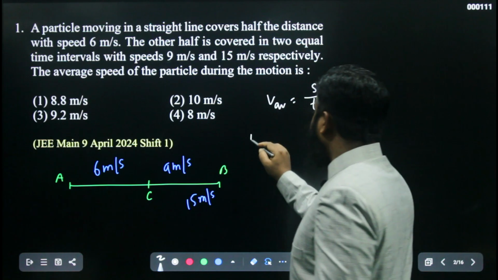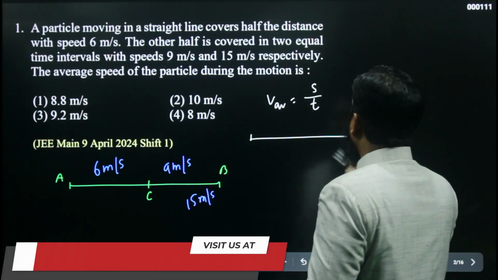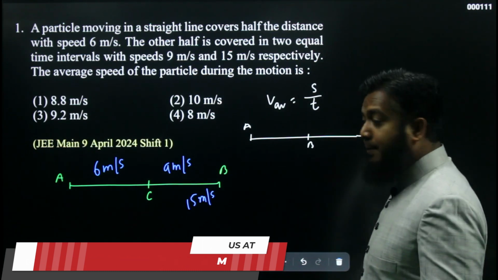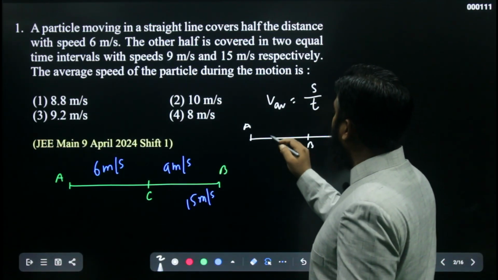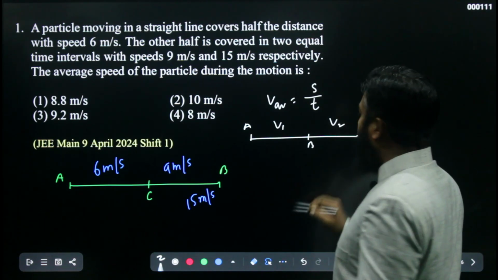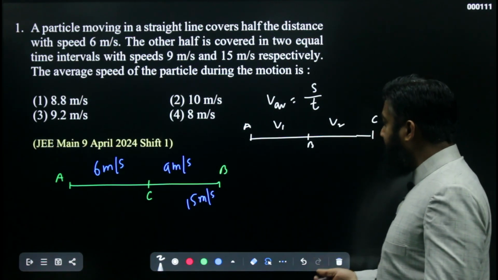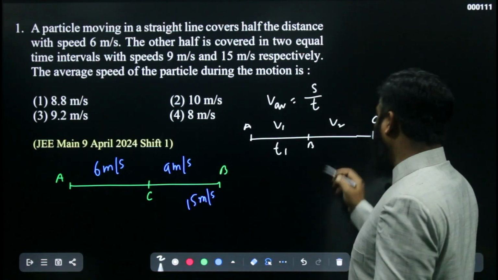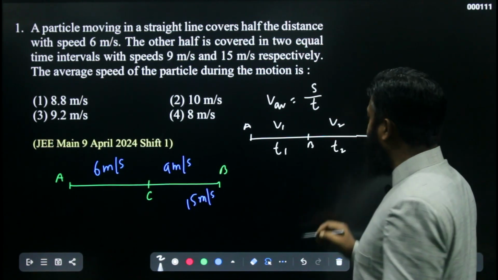So suppose this is the case. A particle moves from A to B and then from B to C. A to B has been traveled with speed v1, and from B to C it was moving with speed v2. And for A to B, the time taken is t1, and for B to C, the time taken is t2.